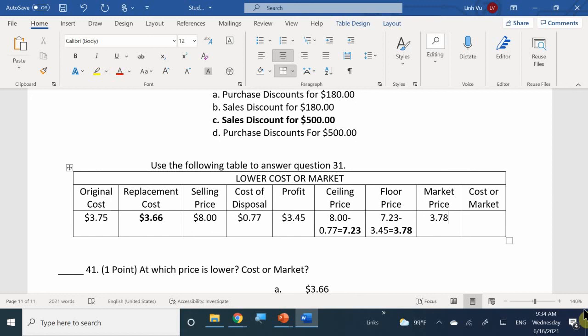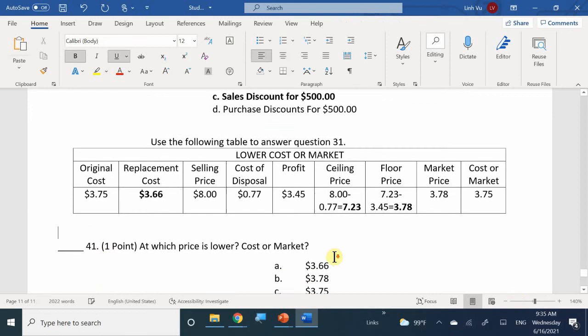Now then, the last question to answer is, which one's significantly lower? Is it the original cost of 3.75 or is it the market price at 3.78? The original cost. The original cost of 3.75. Okay, so therefore, the question here is at which price is lower, cost or market?